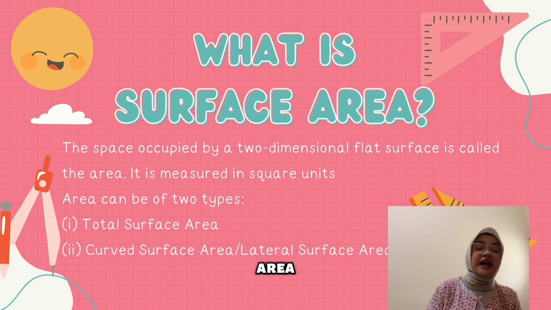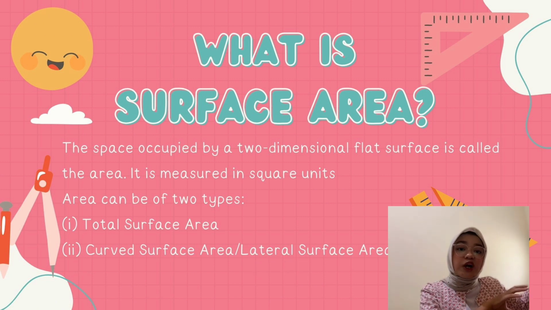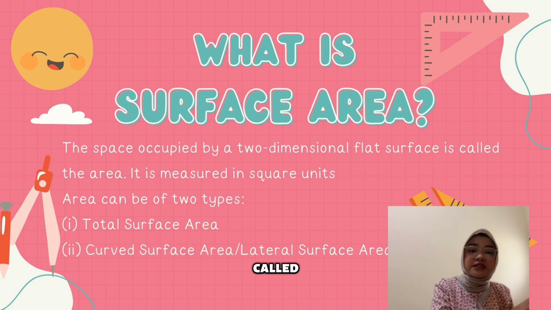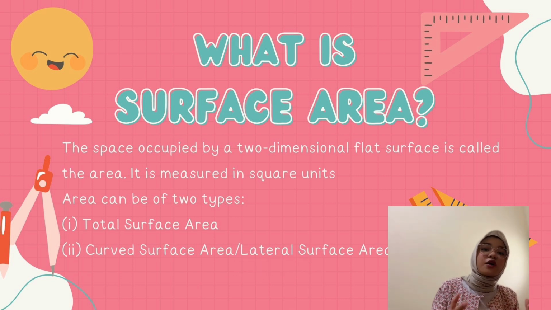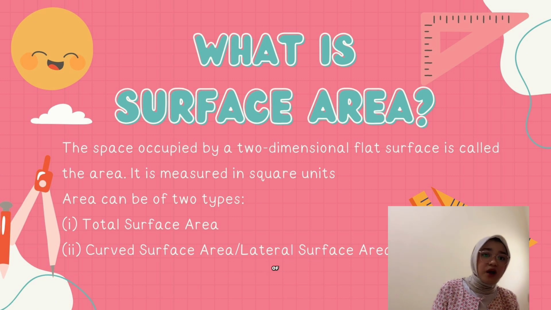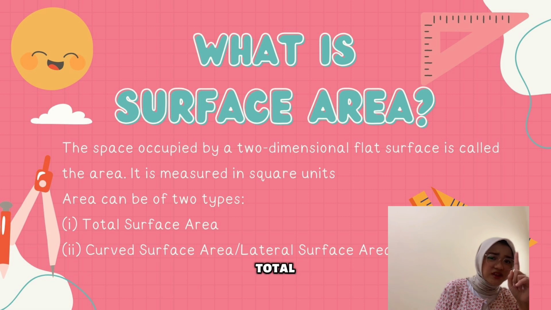What is surface area? The space occupied by a two-dimensional flat surface is called the area. It is measured in square units. The area occupied by a three-dimensional object by its outer surface is called the surface area. It is also measured in square units. Generally, area can be of two types. For the first, total surface area.